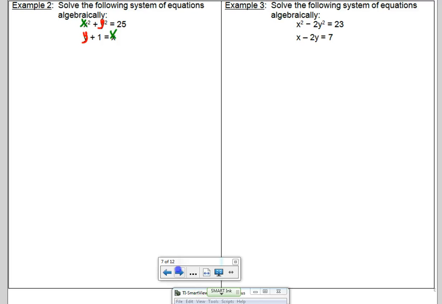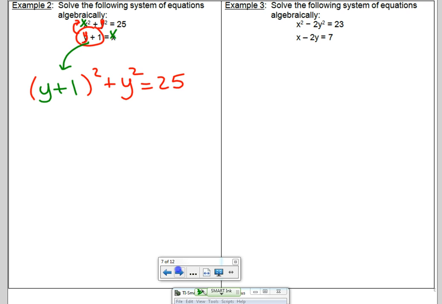You can either subtract the 1 over to get the y by itself, or you could actually, in fact, leave it alone and then substitute the y plus 1 right here in place of x. So I'm going to do that just to show you don't always have to have the x as the one that you're solving for. You can sometimes find the y. So I'm going to put this guy in place of the x value.